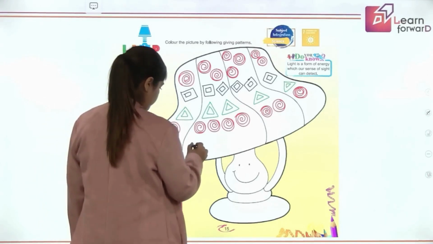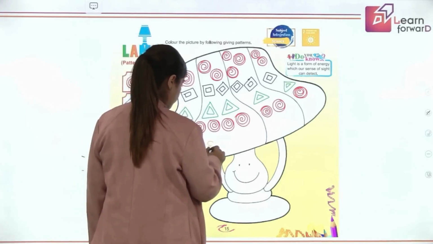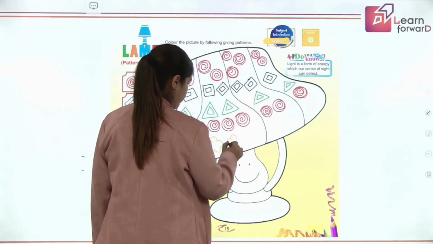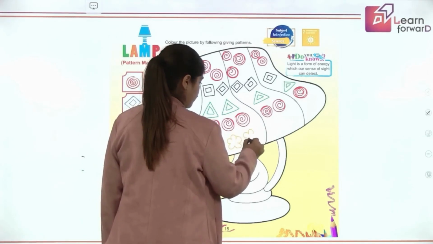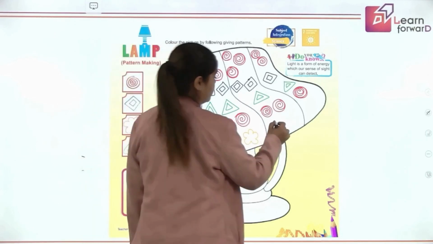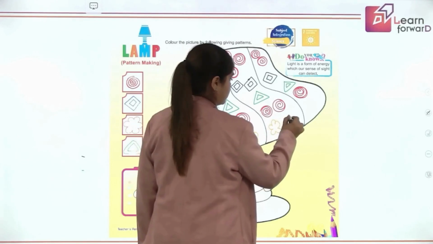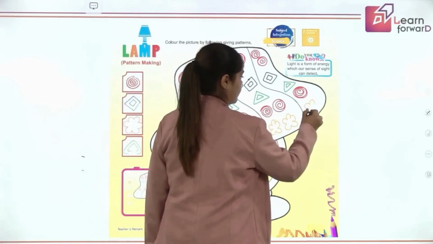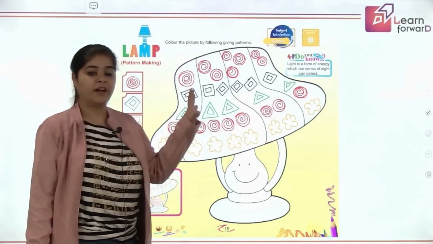One, 2, 3, 4, 5, 6, 7, and 8. So, the upper part of our lamp is done.